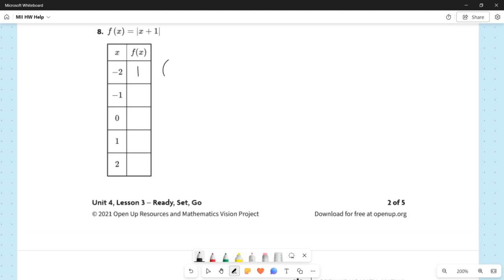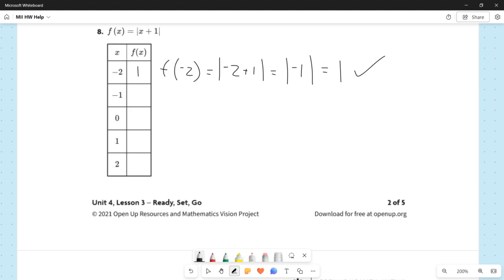I'm not going to do this for every single problem, but I'll do it once so we can see it visually. We have the absolute value of negative 2 plus 1, and negative 2 plus 1 is negative 1, and the absolute value is 1.